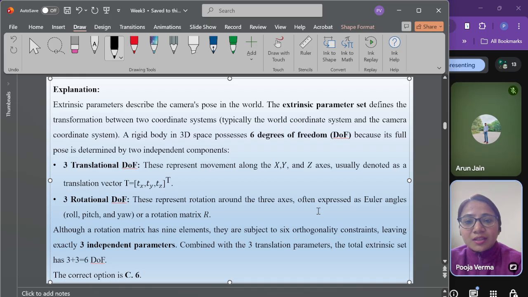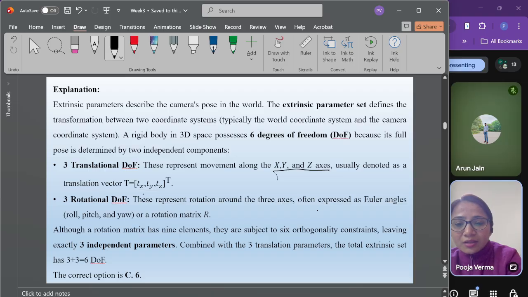A rigid body in 3D space possesses 6 degrees of freedom because the full pose is determined by two independent components: three translation degrees of freedom, which represent the movement along the x, y, and z axes, where the translation vector is defined as t equals (tx, ty, tz) transpose, and three rotation degrees of freedom.